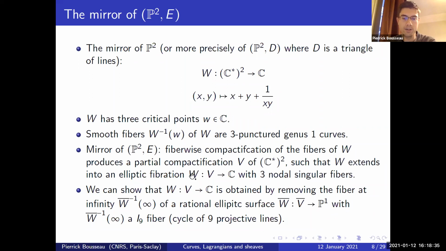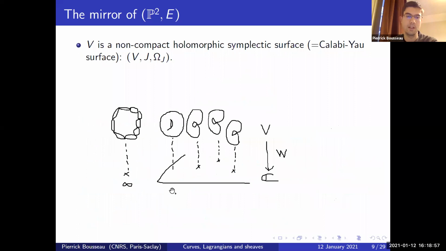And I can show that this geometry can be obtained maybe more directly by starting with a rational elliptic surface, V bar mapping to P1 by some map W bar, where the fiber over infinity is some I9 fiber, a cycle of 9 projective lines. And then you get this geometry V by removing this fiber at infinity. Here is a naive picture. You have some elliptic fibration.